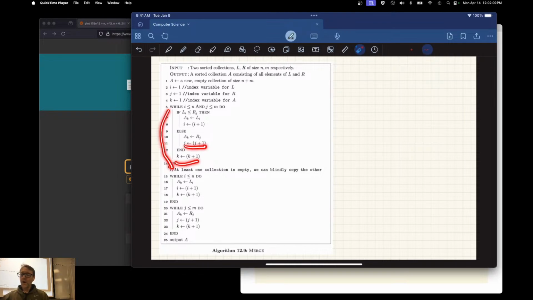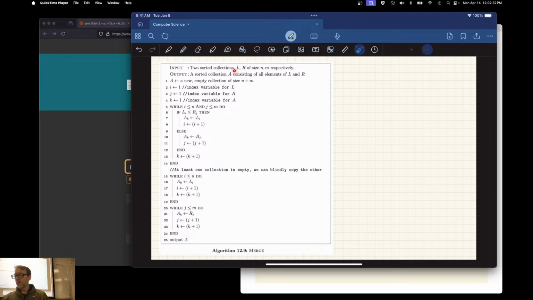We get out of this while loop because at least one collection is empty. So we blindly copy either A, or the left partition, or the right partition here. Now, if the left partition is empty, then this while loop will never actually execute because i has already exceeded n. Likewise for j on the m partition.